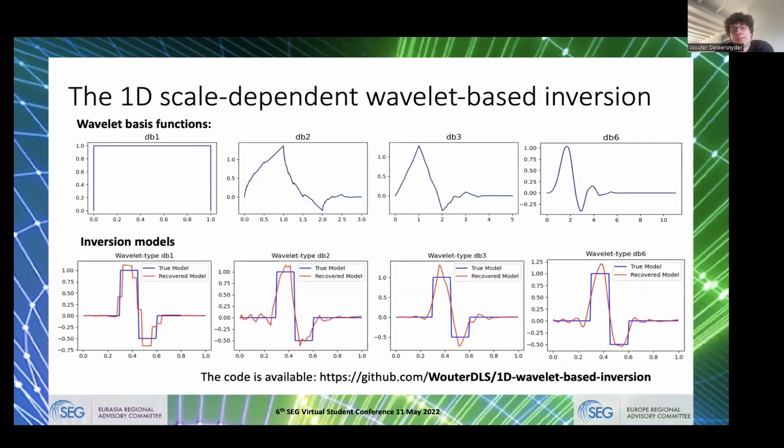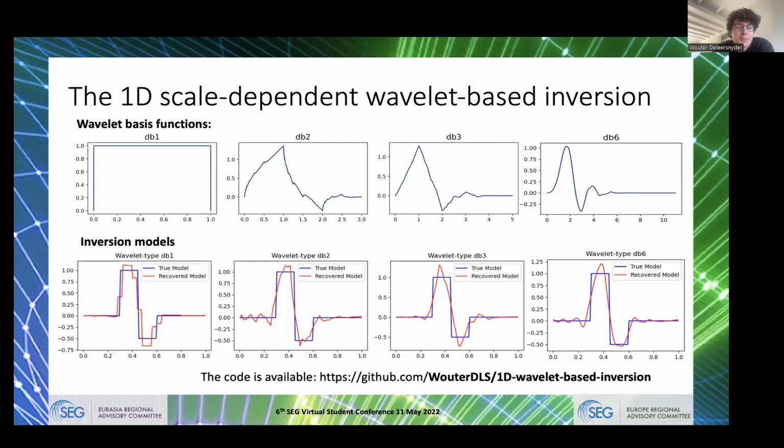But the other wavelets have different characteristics, and you will see those characteristics in your end result, the final recovered model. There is a gradient from very sharp transitions to smoother transitions. For example, DBC6 on the right-hand side has smooth properties, so it will also result in a smooth recovered model.